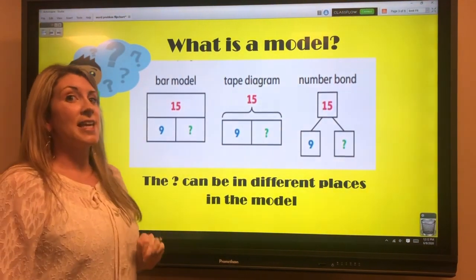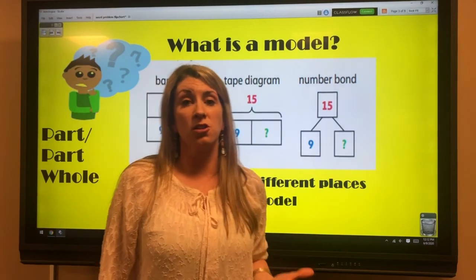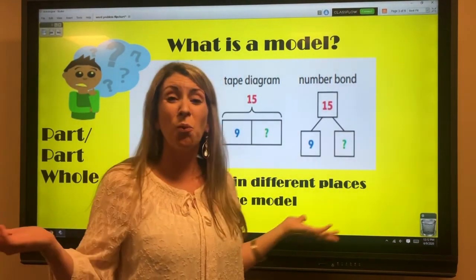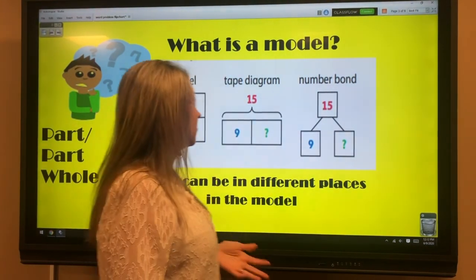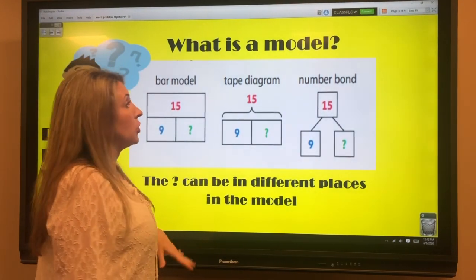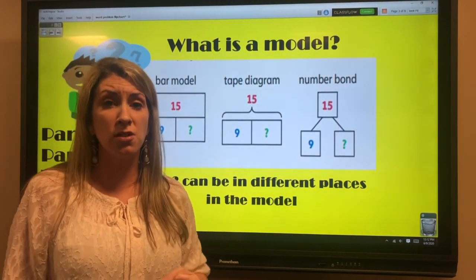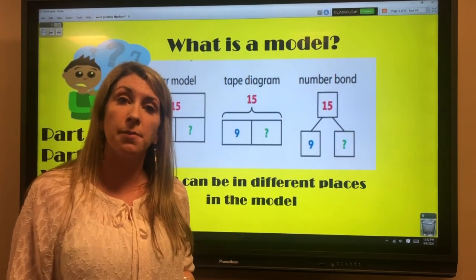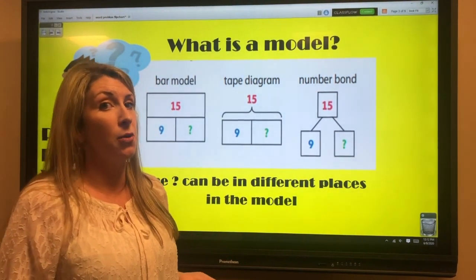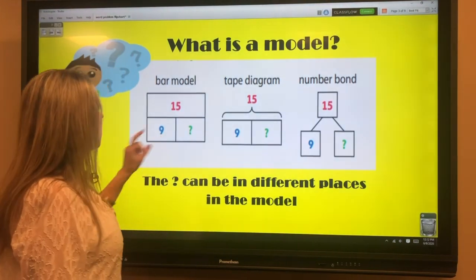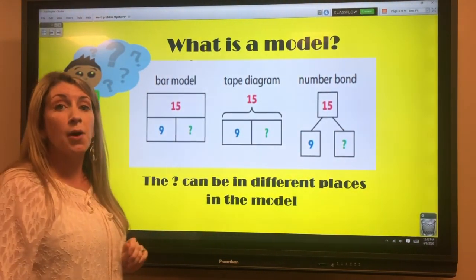So the first thing that we need to know before we start solving word problems is what is a model? Now in second grade, you learn about 3 different models, and we use those models to help us with our word problems. The first model is a bar model.